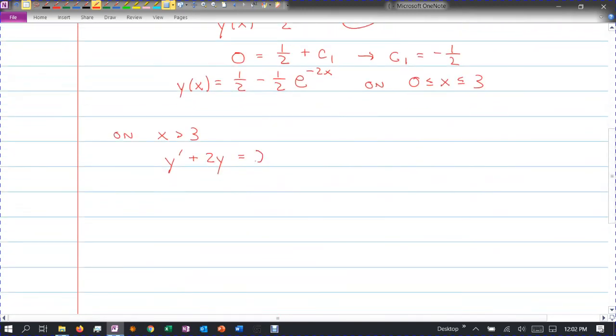So this must be 0, and we already know our integrating factor is e to the 2x, so nothing changes on the left side.